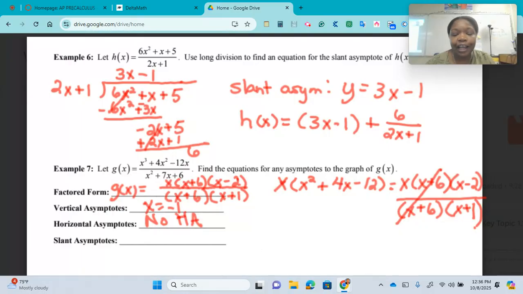And all we have is x times x minus 2 over x plus 1. To get the slant asymptote, we're going to have to divide. So we need to actually go ahead and put this back in unfactored form.